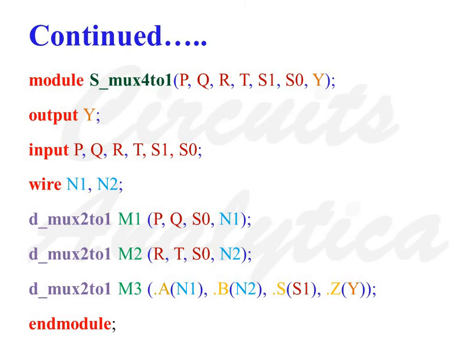While for the third component instantiation, D underscore mux221 space M3 open bracket dot A N1 comma dot B N2 comma dot S S1 comma dot Z Y close bracket semicolon, here the type of association is named association.